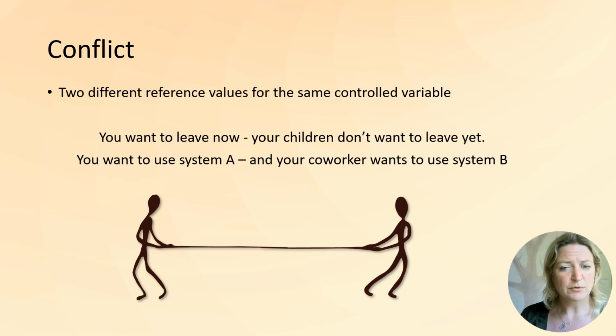The important thing is that there's a single controlled variable, the system being used for this particular task, and two different reference values, system A and system B. It's impossible to satisfy both references simultaneously. You can't use both systems at once for the same task.